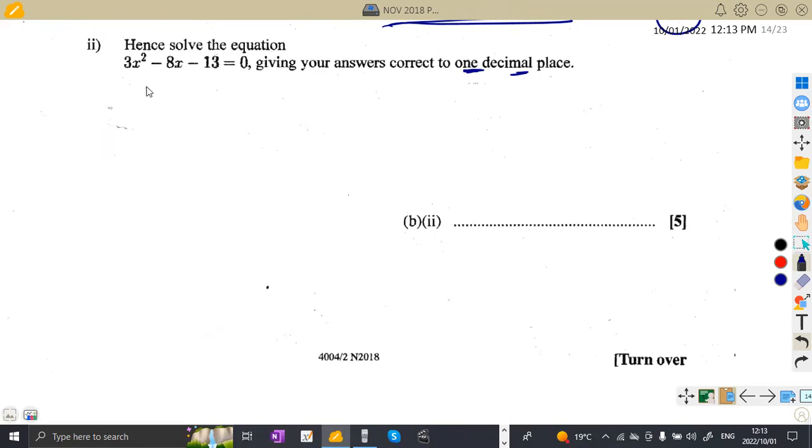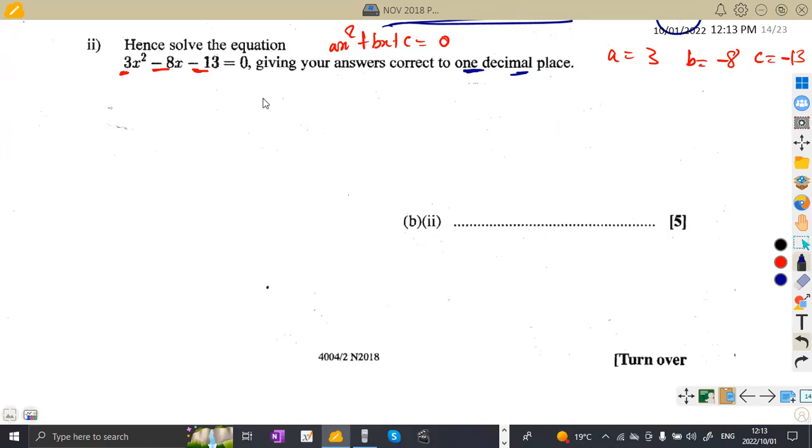But I'm just going to use the quadratic formula because we know that our equation has to be in this format, ax squared plus bx plus c, for us to use the quadratic formula, where a in this case is the coefficient of x squared, which is 3. Our b is the coefficient of x, which is negative 8. And our c is the constant, which is negative 13. So this is what we have.